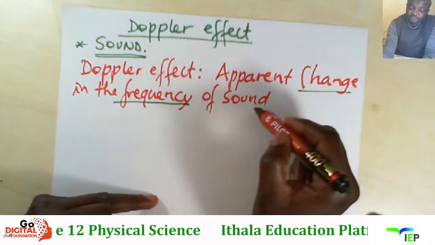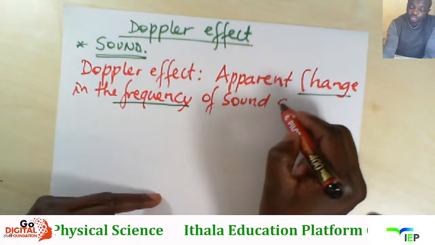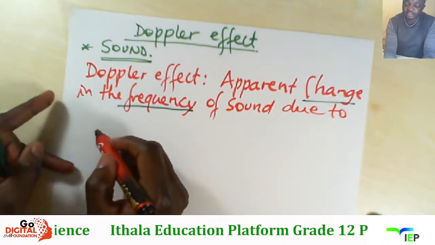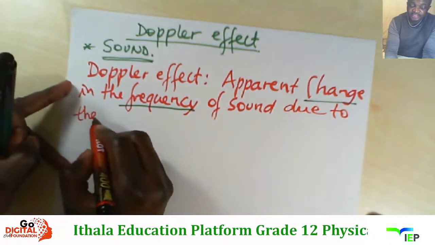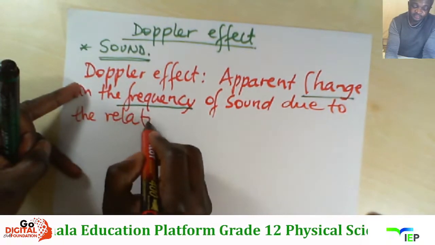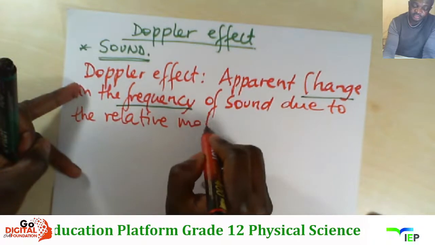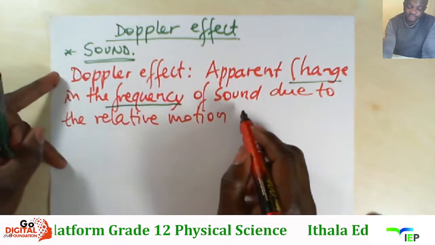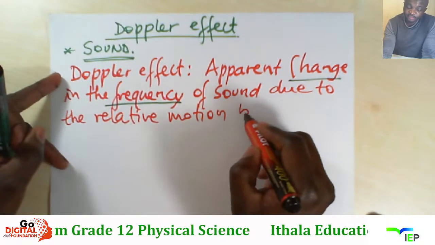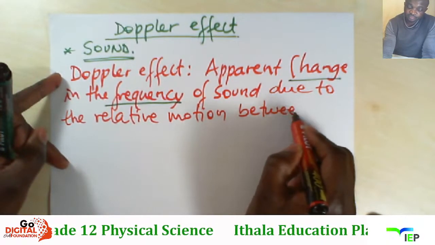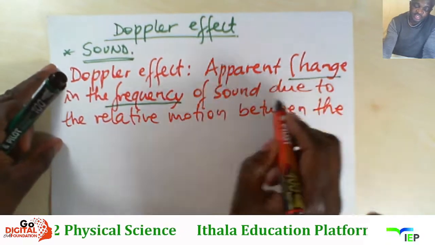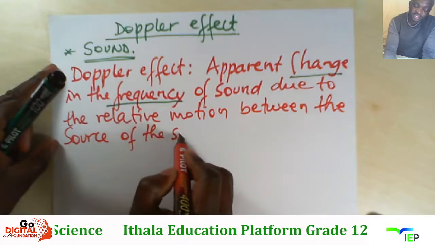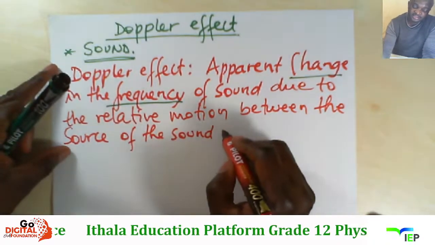It's the apparent change in frequency of sound due to isizathu sokuthi kube khona naleyo change due to the relative motion kusho ukuthi omunye uyamove relative to the other one, the relative motion between the source of the sound and the listener.